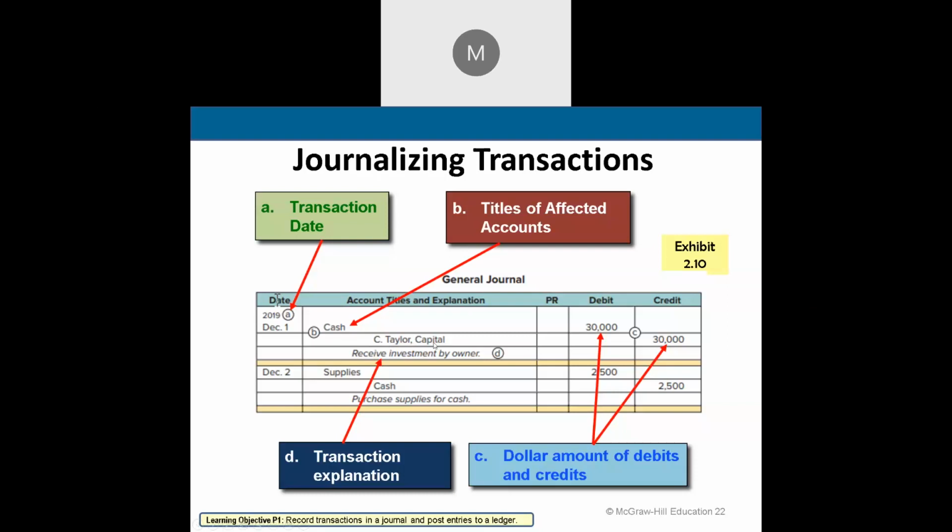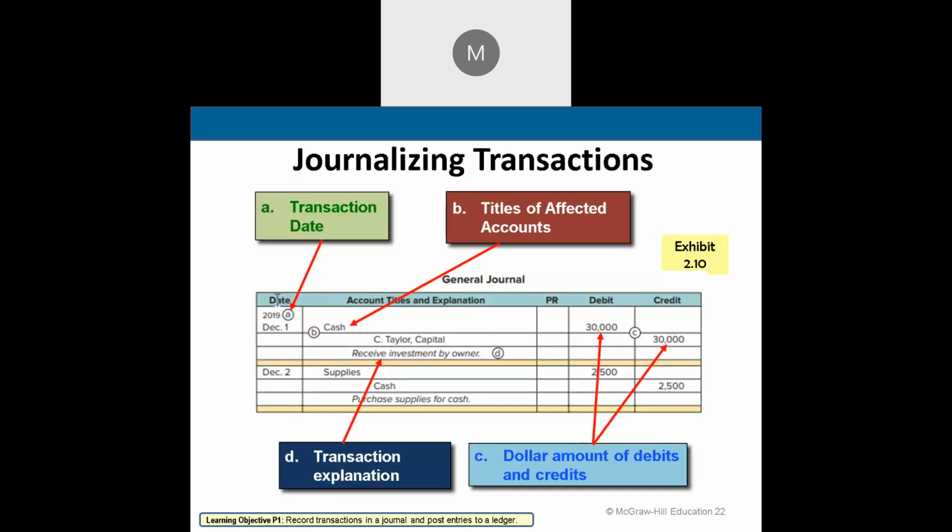Owner's name is Taylor. So Taylor brought cash into the business. To represent what the owner brought into the business, we provide them with what's called capital. It represents their shares of ownership in the business as well. So in this case, the owner brought in $30,000 into the business. So we debit cash, $30,000, and we credit paid-in capital, $30,000.